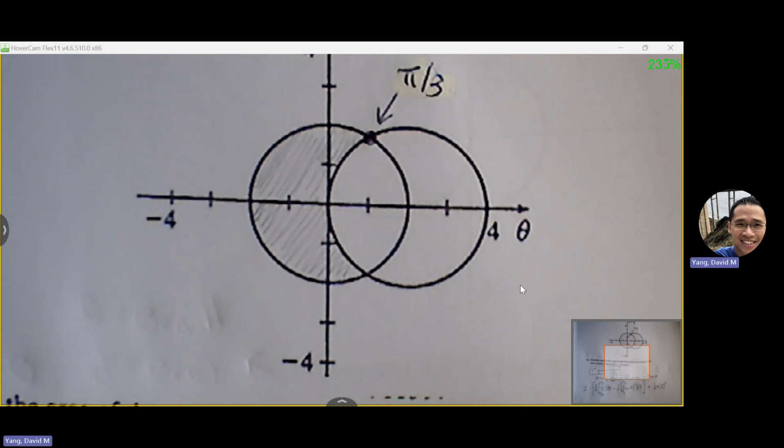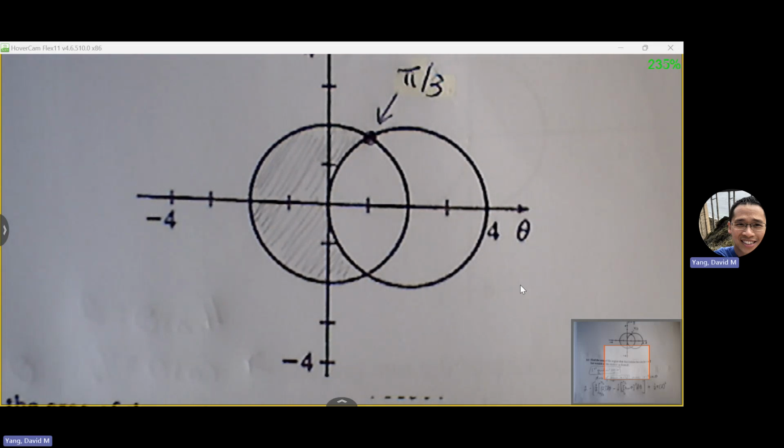I'm going to subtract out the brown here. And that region is 1/2 integral from pi over 3 to pi over 2 of 4 cosine theta. Okay. That's good here.